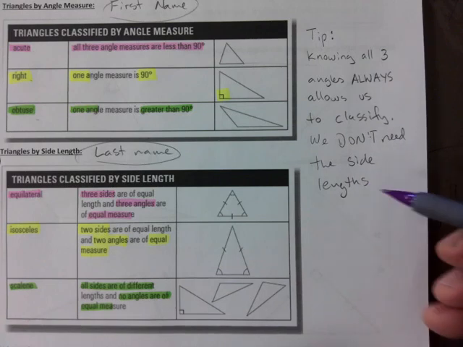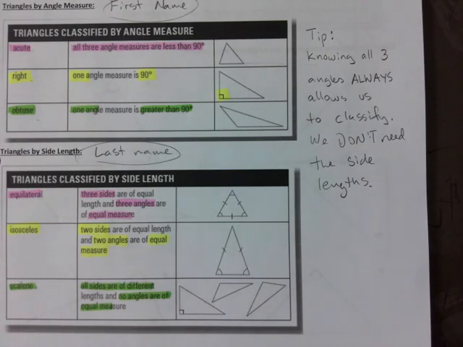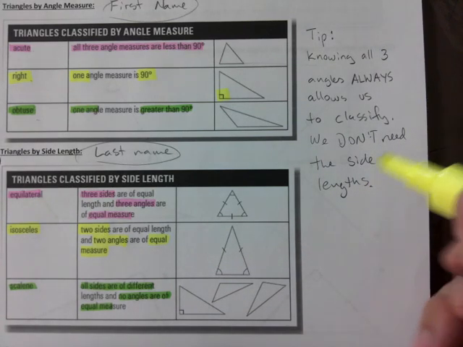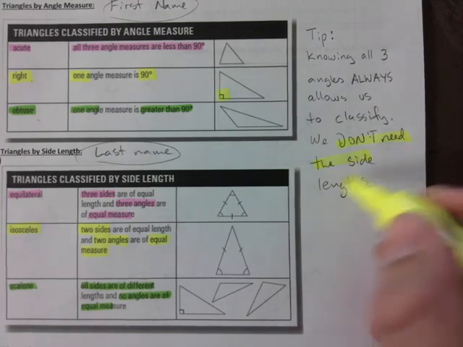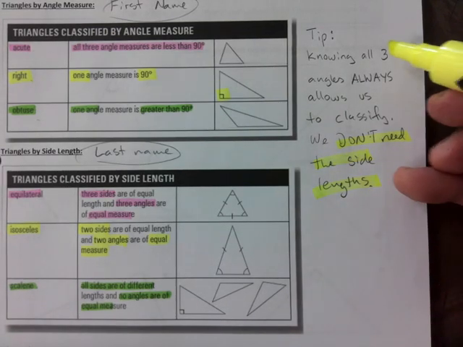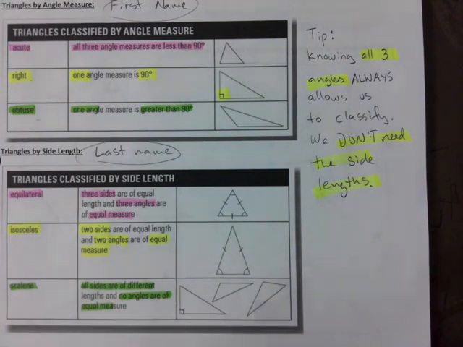You're the first group that I ever tell this to. Don't need the side lengths. All you need is all three angles. If you're able to somehow know all three angles, you can classify that thing. But it doesn't work the other way. If you have all three side lengths, you cannot classify just like that. We have to go further and actually calculate.